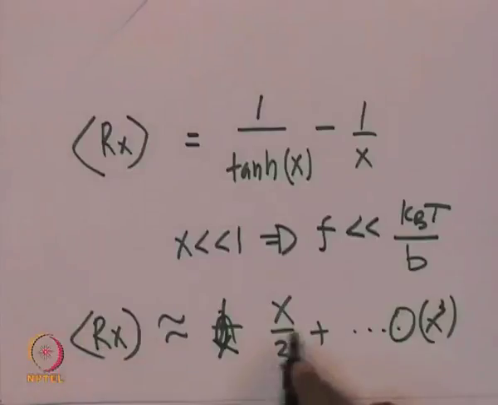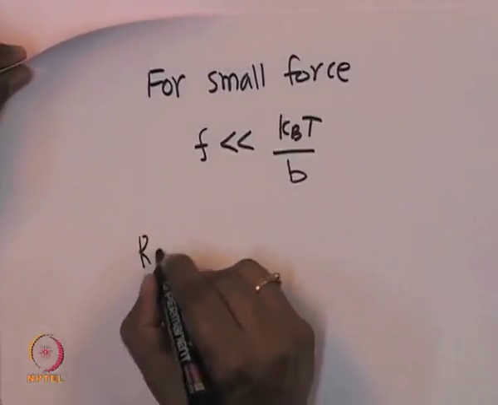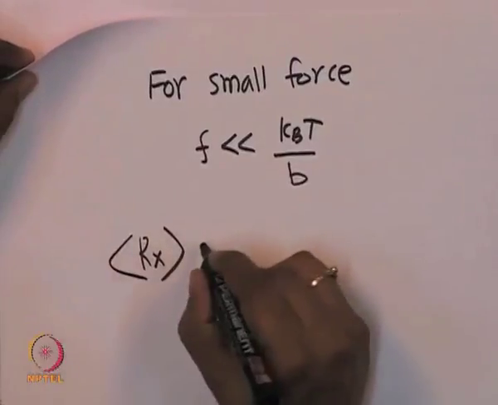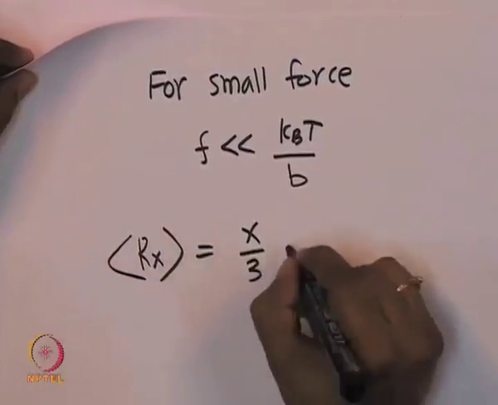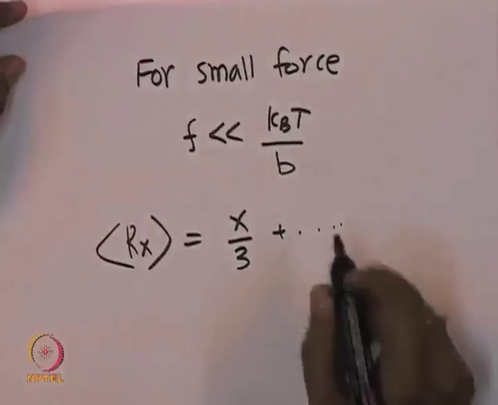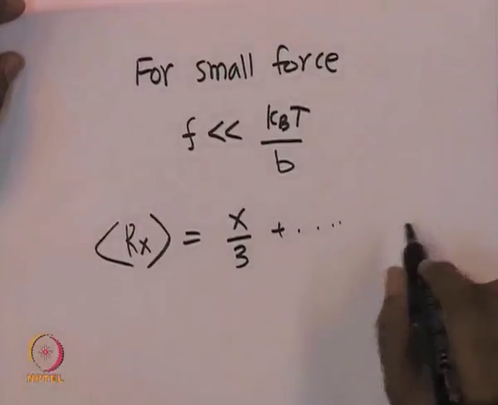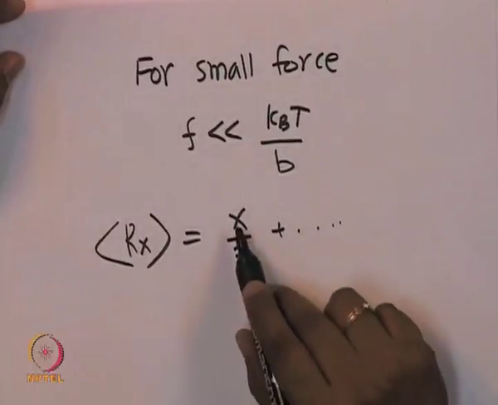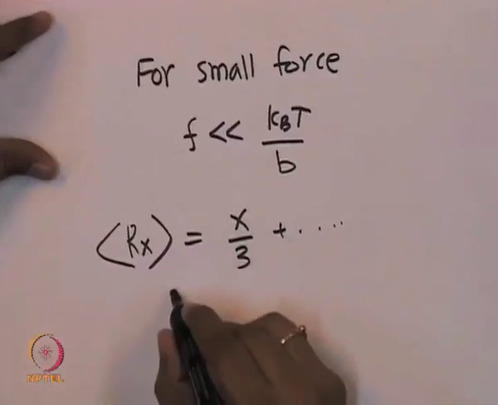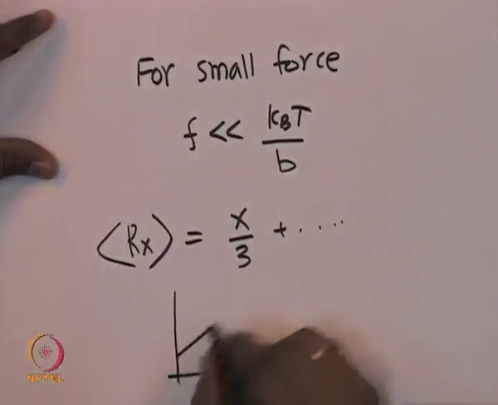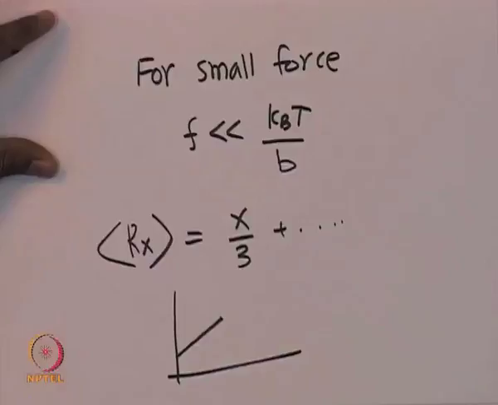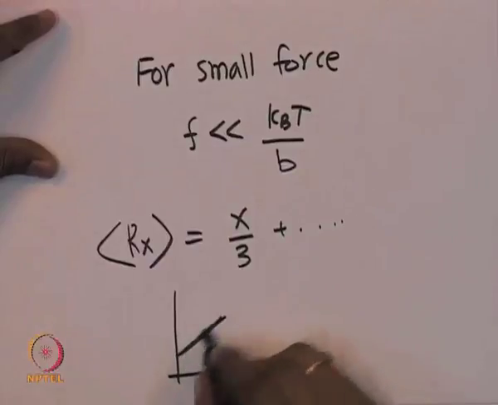It will turn out that the end to end distance goes as x. So, R_x average, the end to end distance, is equal to x by 3 plus some small factors which can be neglected. So, the leading factor will be x by 3, which means that for small force this will go linearly. So, the first part is linear.